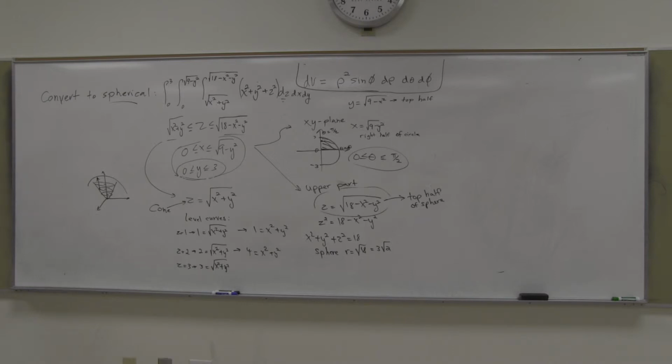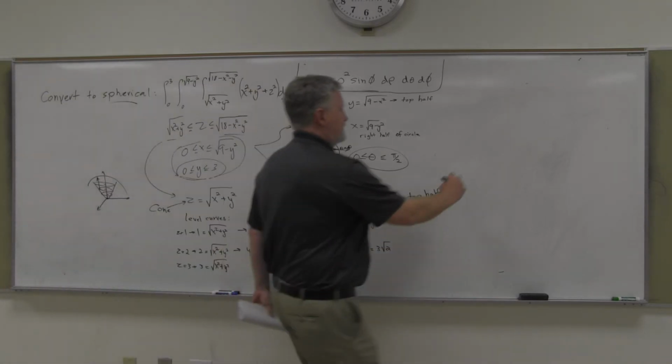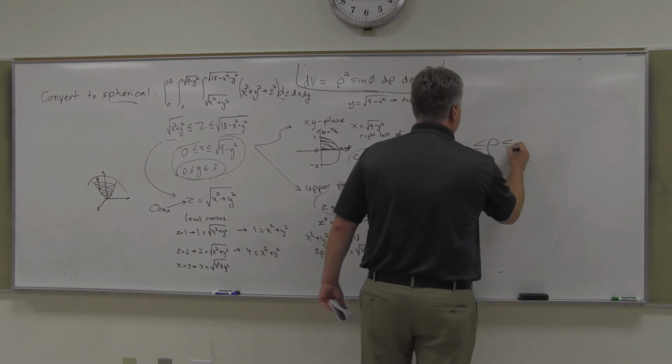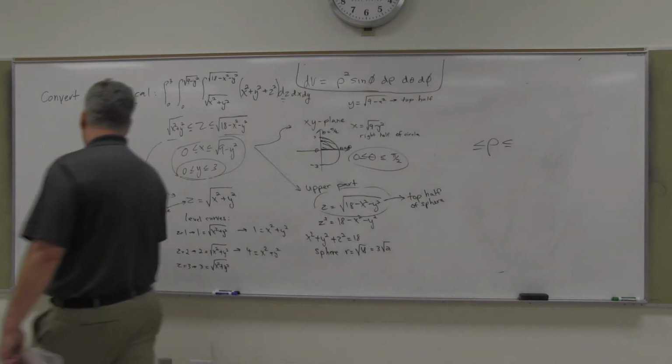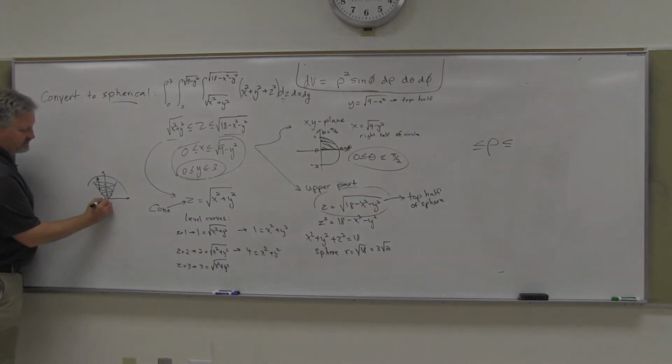All right, well, if you look at that again, that tells me rho. Again, rho, we're going to spherical coordinates, so we got a sphere involved here, it makes sense. What would that tell me about the rho? Well, rho is going to range from 0 up to that sphere, isn't it?